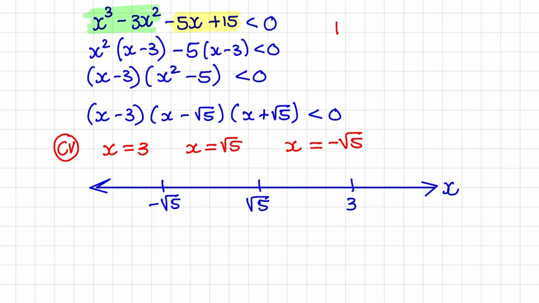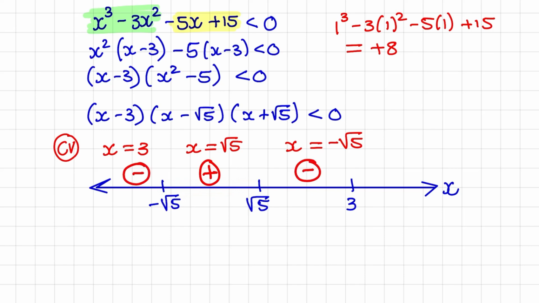So it will be 1 cubed minus 3 times 1 squared minus 5 times 1 plus 15. And that is equal to positive 8. So that tells me between the two square roots, the expression would be positive. Therefore, to the left and to the right of it, it would be negative. And then after 3, the expression would be positive again.